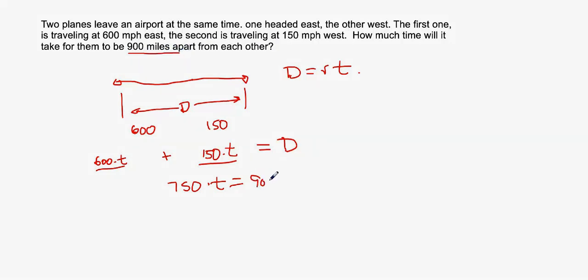So 900 goes there, and t will be 900 divided by 750, which gives us 1 and 1/5 hours total.